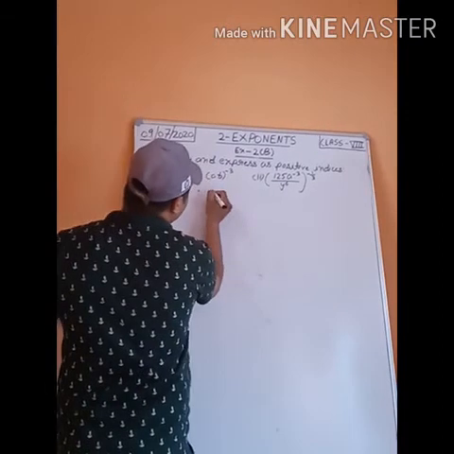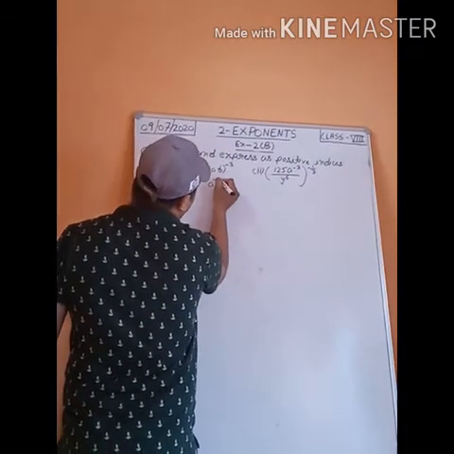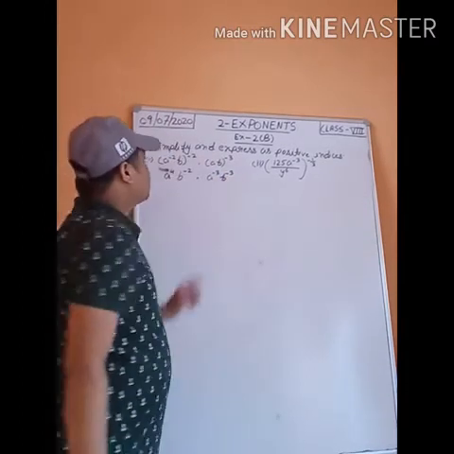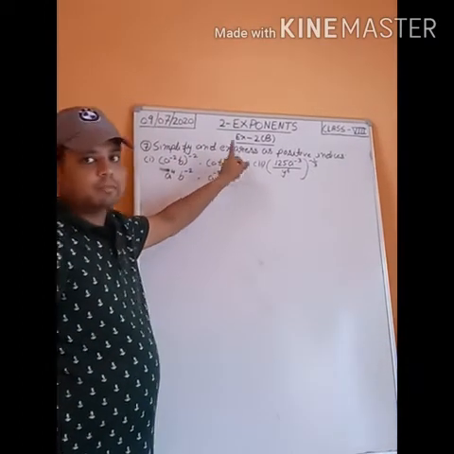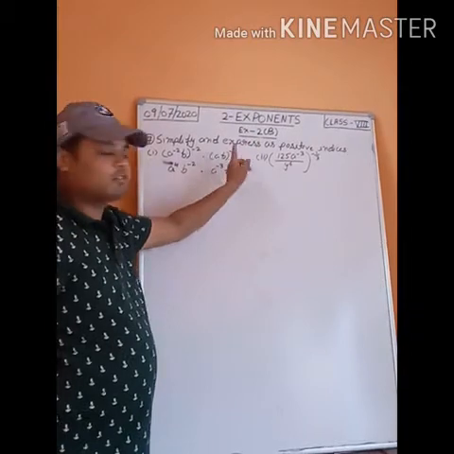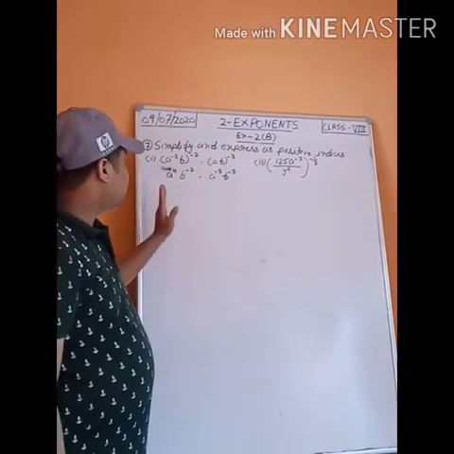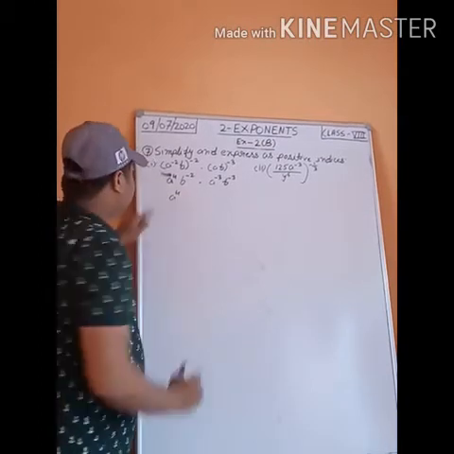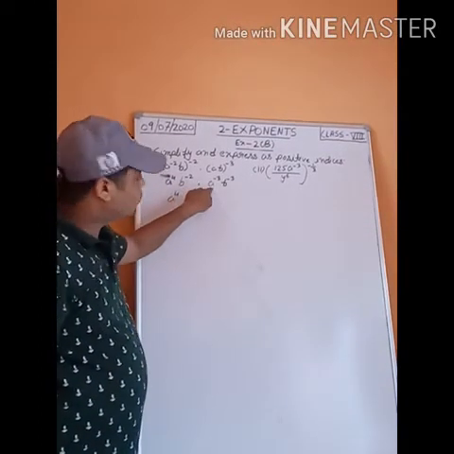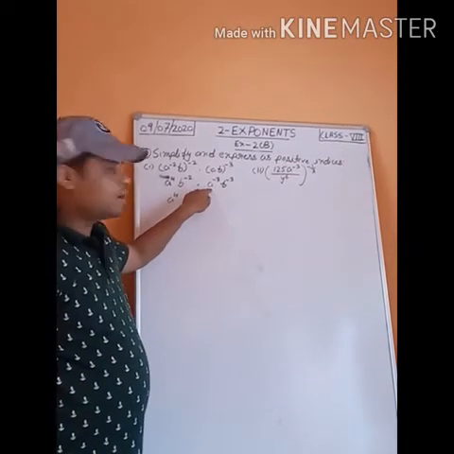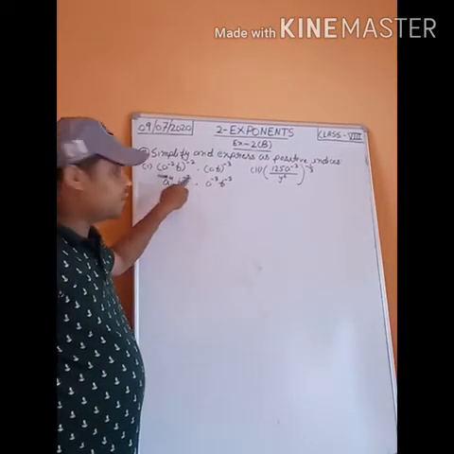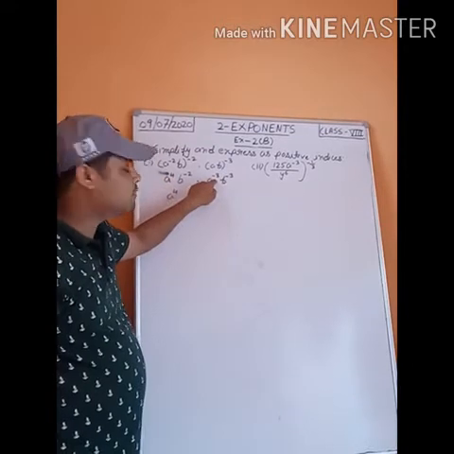Now about this: a raised to the power minus 3, b raised to the power minus 3. 1 three is 3, minus minus. Now about a raised to the power 4: it is also a and it is also a. They both are a, having power 4 and minus 3, and they are in multiplication.